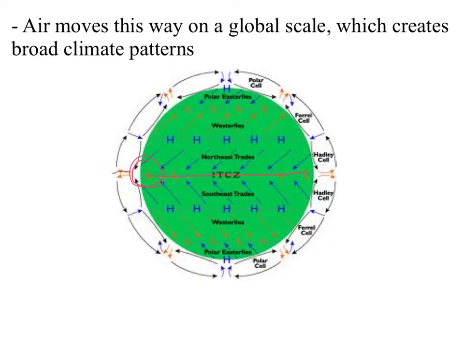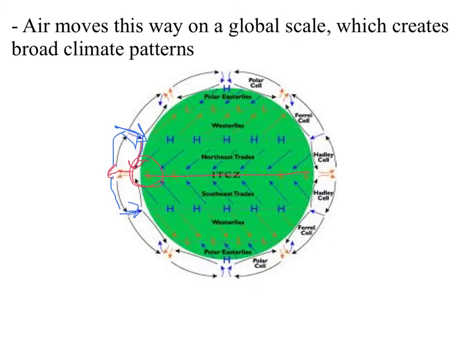It expands, it rises up into the atmosphere. Once it gets into the atmosphere, it cools. Once it cools enough, it becomes dense, and it sinks down back towards the surface of the Earth. It's pulled, once again into this area of low pressure, and so on.